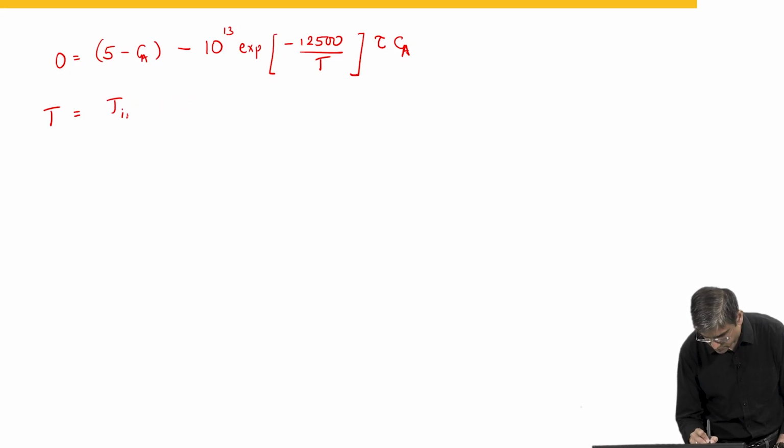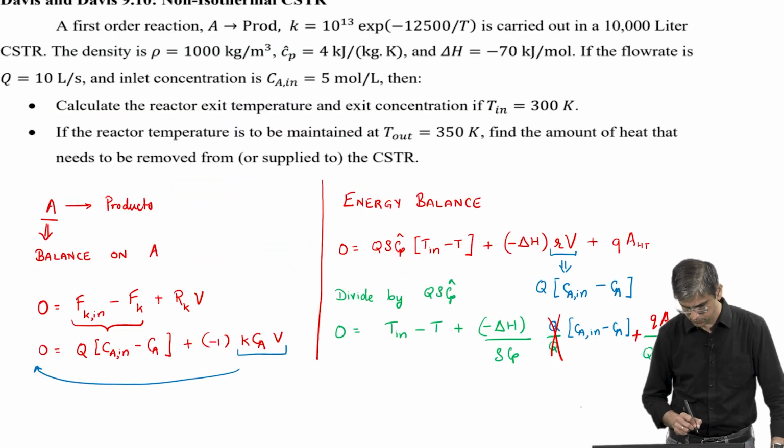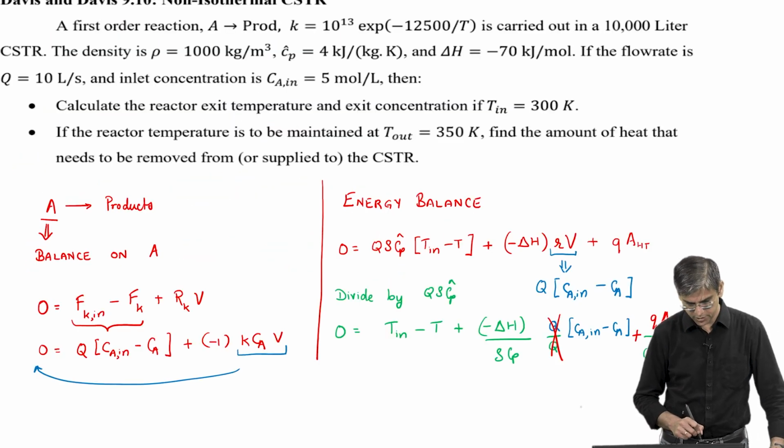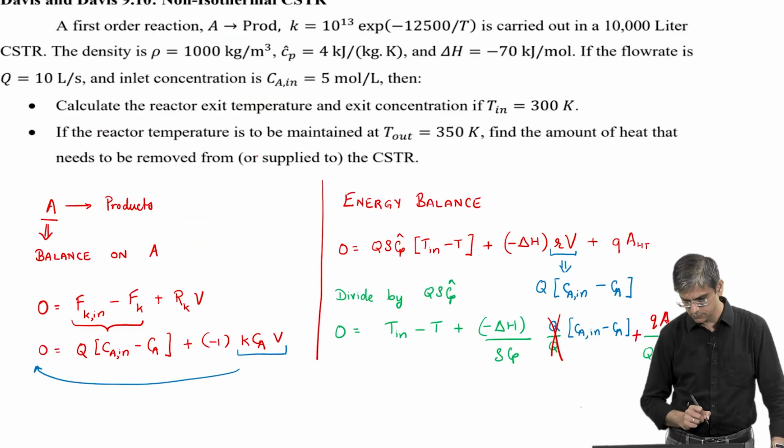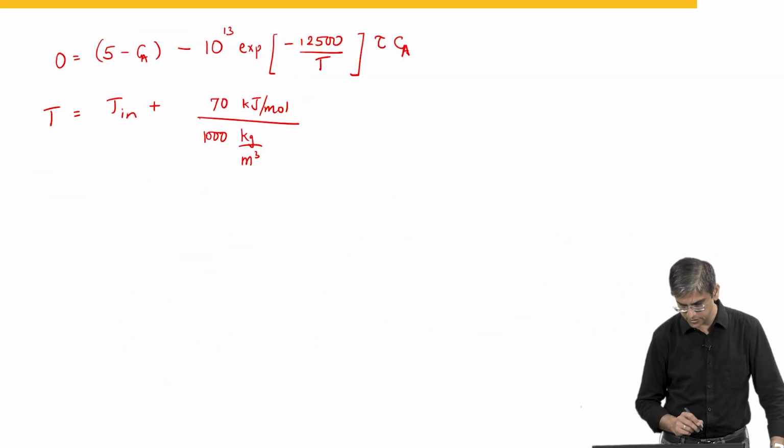So, T in, rho is 1000, Cp is 4 kilojoule per kg.